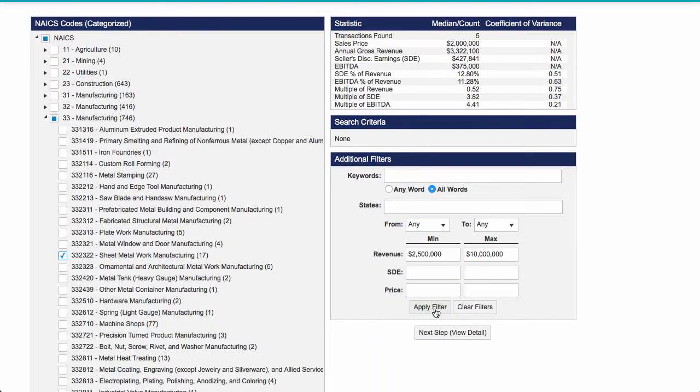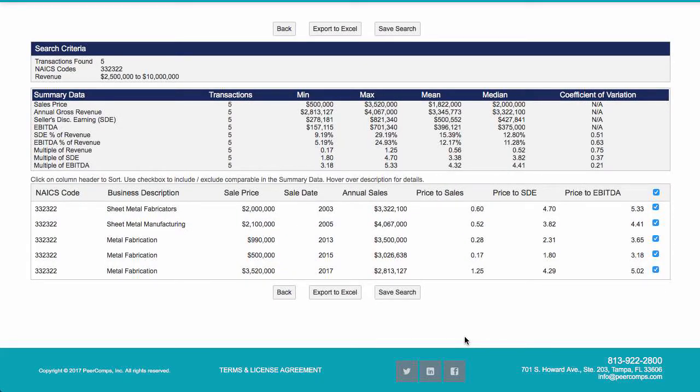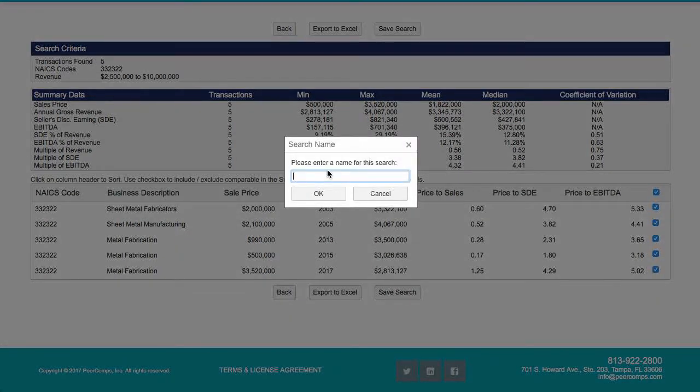And apply the filter. Now we have 5 comps. View the next step. All the comps look good. I'm going to save the search. I'm going to put in sheet metal, and then let's just call that sheet metal.